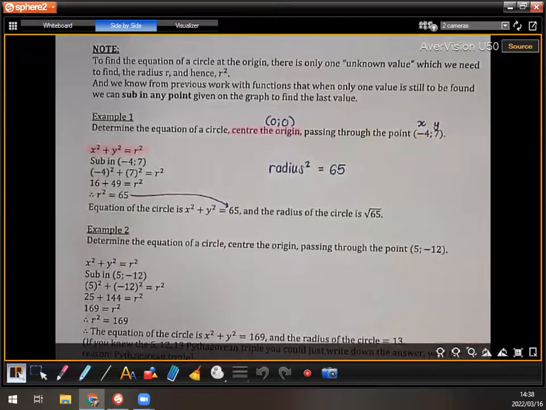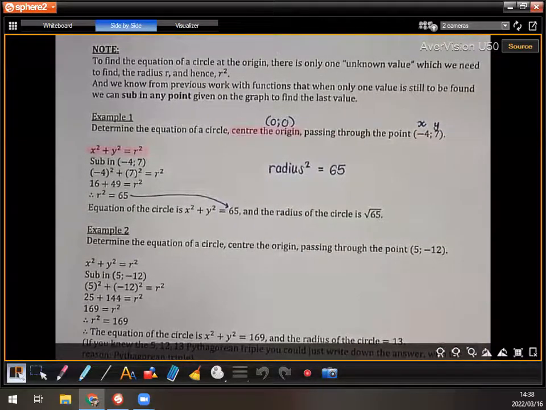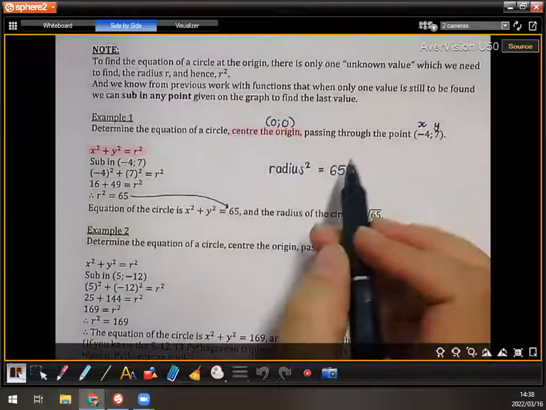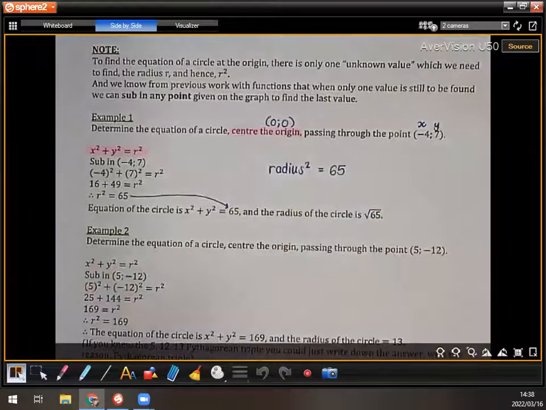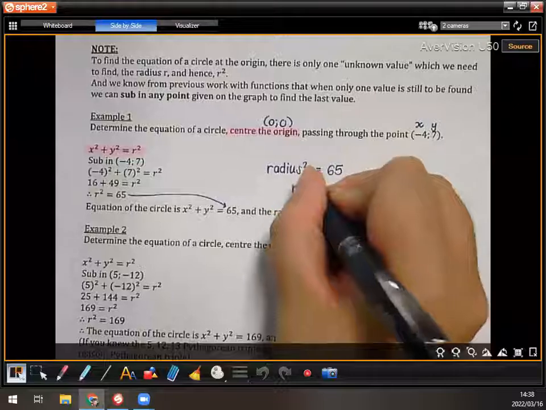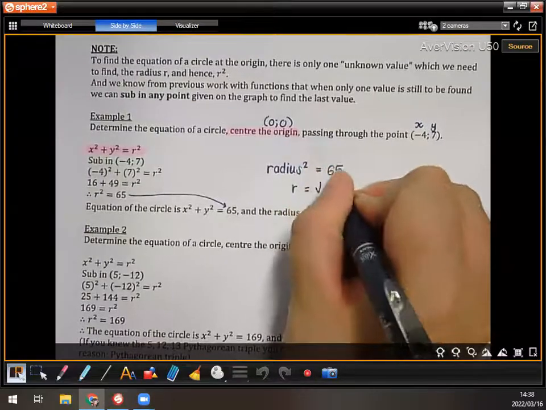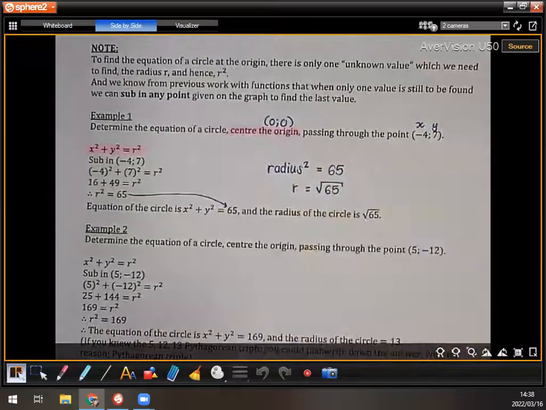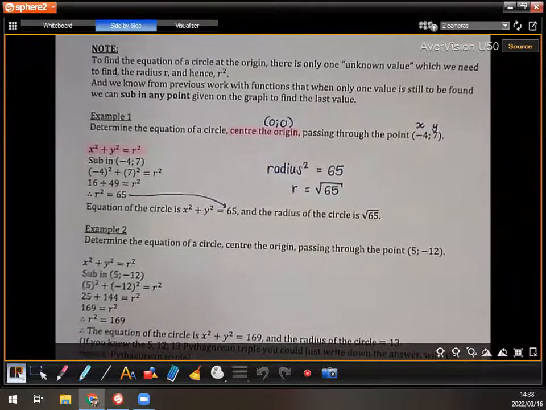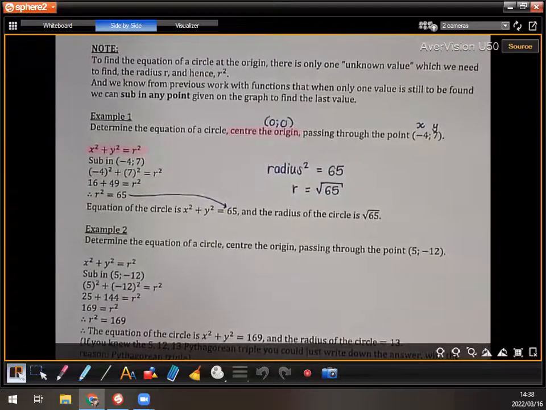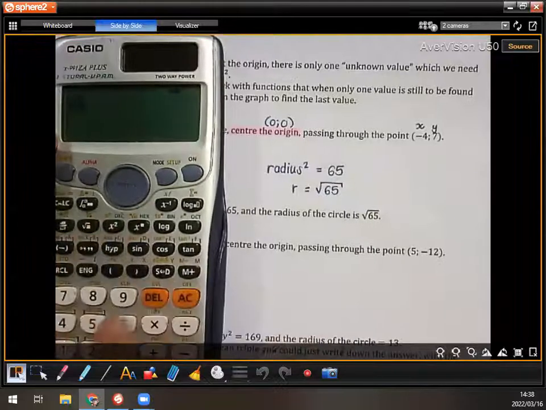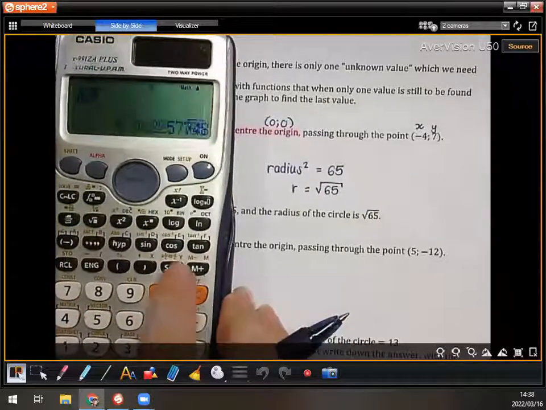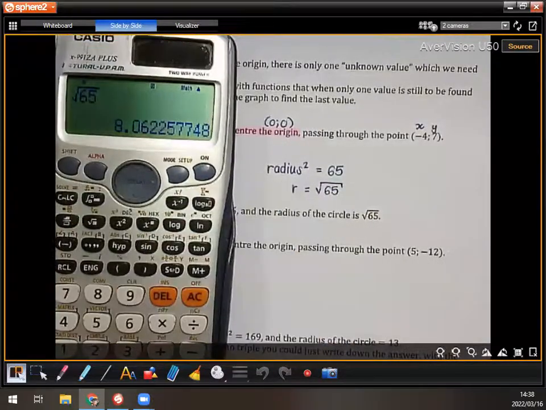I'm just writing out the word so that we keep remembering what that r is. So how am I going to find the length of the radius? The radius squared is 65. I'm going to have to square root it, okay? So the radius is going to be the square root of 65, which you can work out in decimals. They just left it as root 65 here, but we can, of course, work out what that is if you press shift: 8.06.